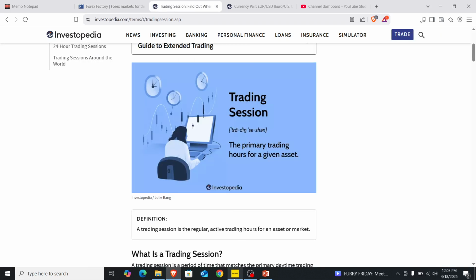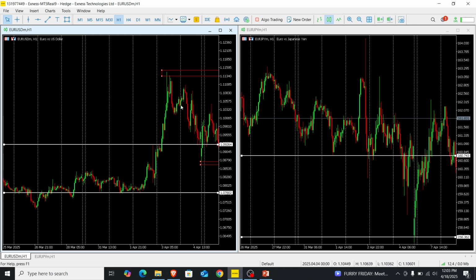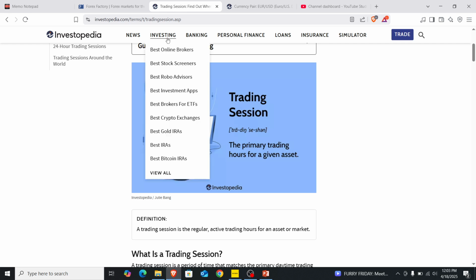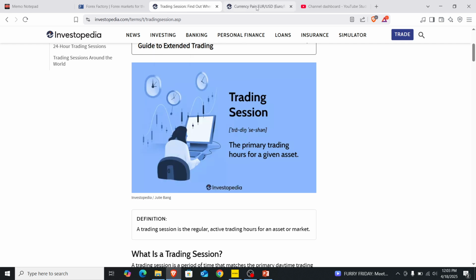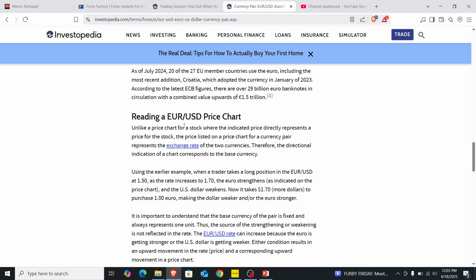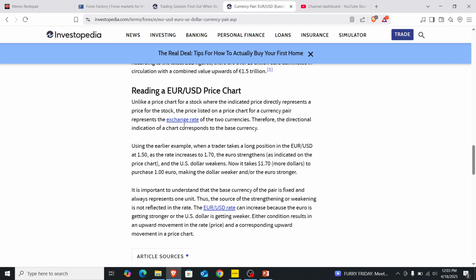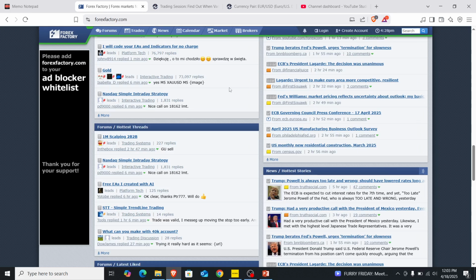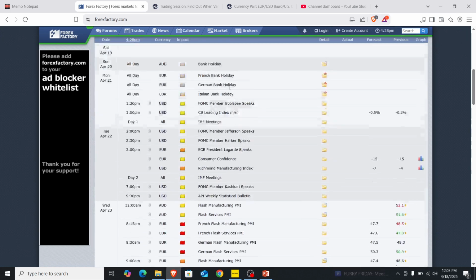The reason this happened this way is that you're trying to buy the USD, and the USD market will usually start buying during the USD trading session, and that's why it's very important for you to understand trading sessions. It's also important to understand what pair you're trading, what time each pair's trading session starts depending on where you're staying, and of course if there are any fundamentals on those pairs.